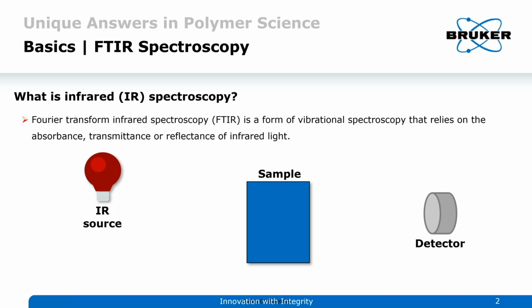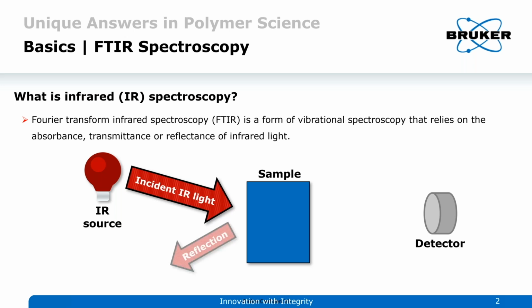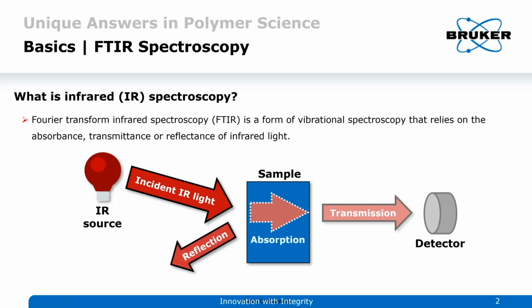The way infrared spectroscopy works, very briefly, is you take a broadband infrared source, an infrared light bulb essentially, and you look at the emission as it interacts with the sample. If it bounces off, we collect the reflectance information. If it passes through, we look at the light that is missing due to absorption from the sample, and then we do the detection.